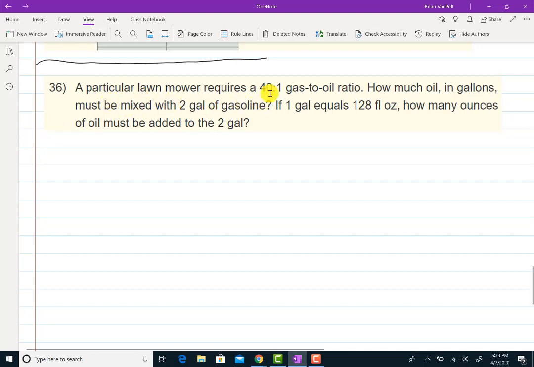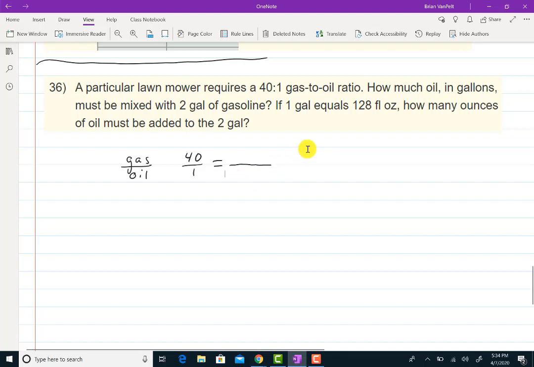We are told to mix in a gas to oil ratio. Whenever they tell you this, gas to oil, what they're doing is saying set up gas divided by oil, and that's in a 40-to-1 ratio. Gas goes in the numerator and oil goes in the denominator.